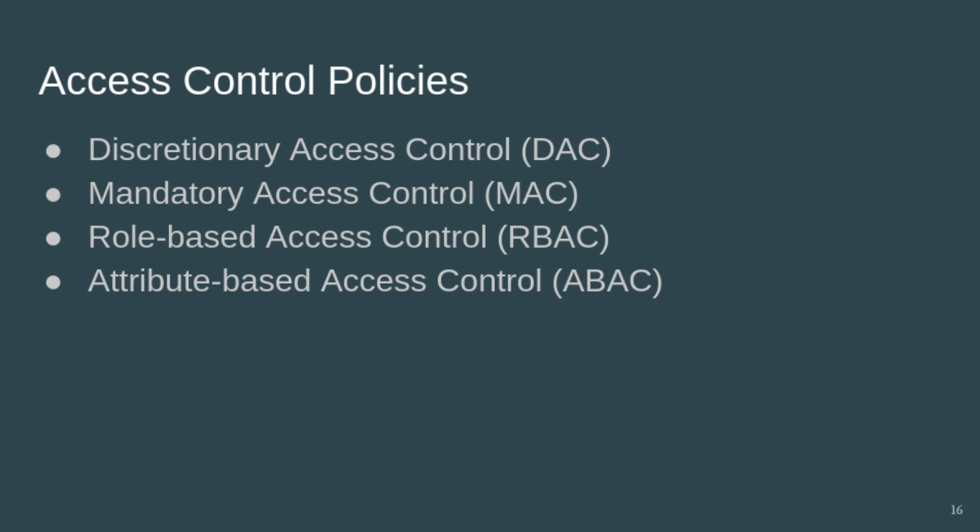With role-based access control, decisions are based on the role of the requester within the organization and the rules governing what access is allowed to users in which roles. And finally, with attribute-based access control, decisions are based on the attributes of the user, the requested resource, and the current environmental conditions.